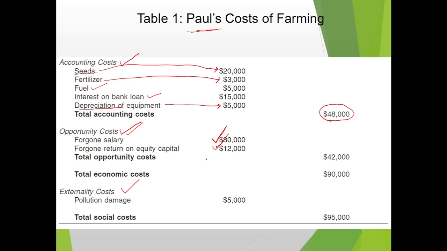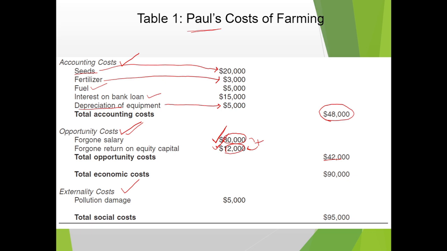So the total opportunity cost is 30,000 plus 12,000. 30,000 being the foregone salary and 12,000 the foregone return on equity capital. So when you add $30,000 with $12,000, you get 42,000. So that is the opportunity cost.